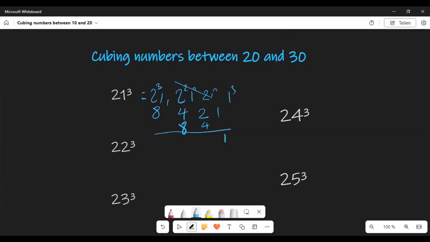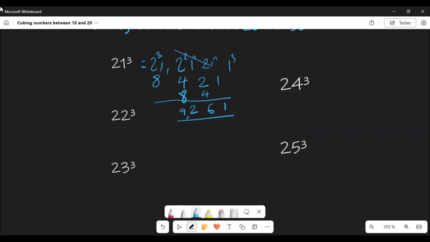So here we have 1, and then 6, and then 12, and 9. So that's going to be our answer: 9,261.